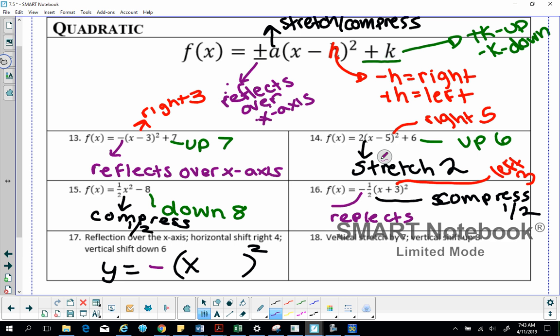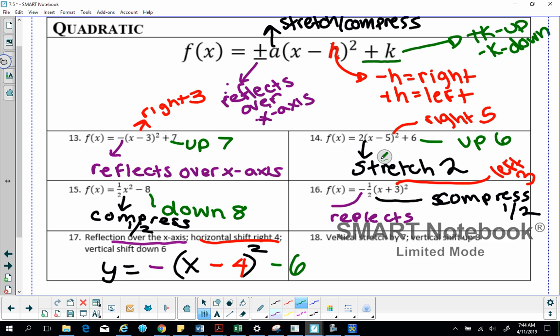Good, negative in front. And then horizontal shift of right 4. What do I put that? Good. -4 in the parentheses, and then down 6. -6.